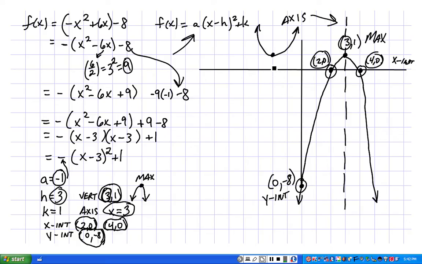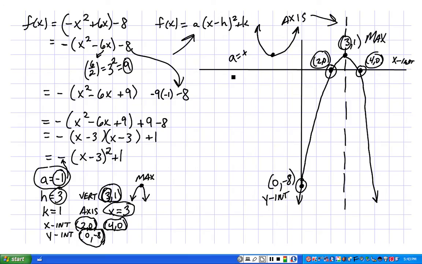Anytime you have a parabola going up, in other words, your A would be positive. Not necessarily a positive 1, but your A would be positive.